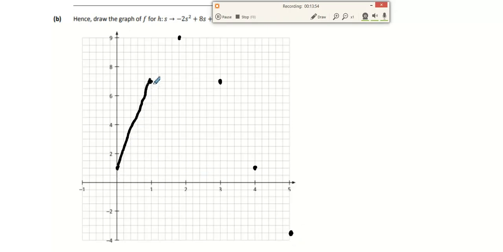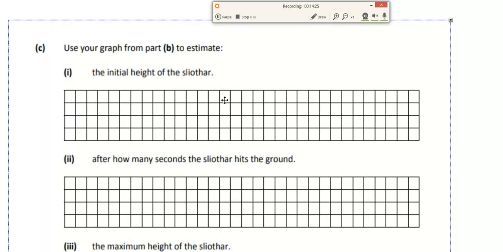It's an N-shaped graph. 4.5. Everybody happy enough with that? So, you're going to copy and paste this over.